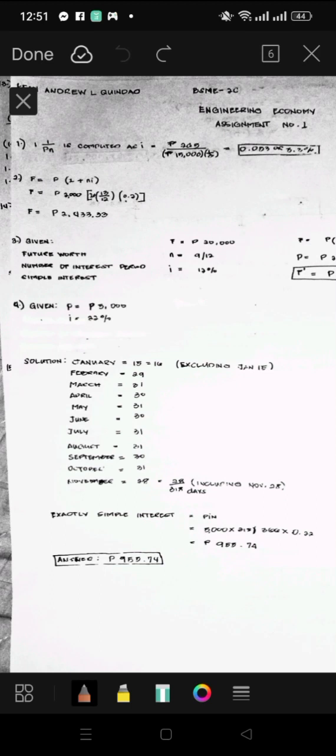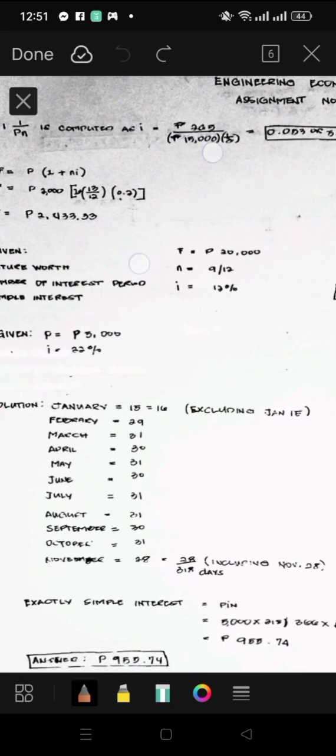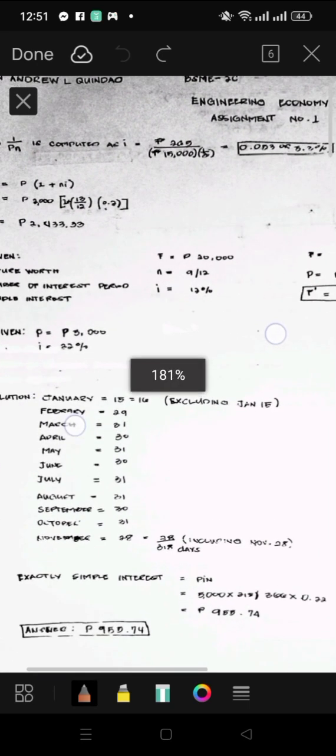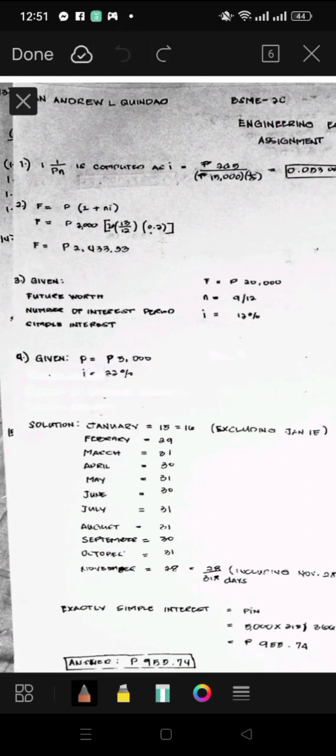The problem already states the kind of formula we must use, the simple interest formula. To find the future amount we must use F equals P times the quantity 1 plus n times i. So in number 2 we must state the given first.